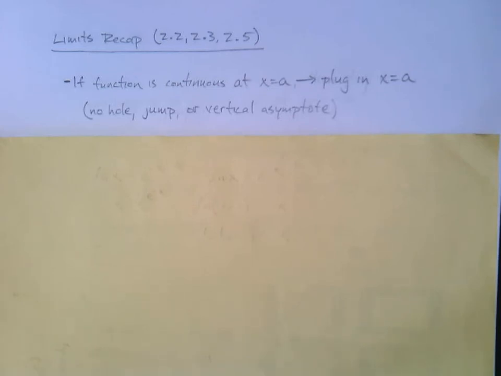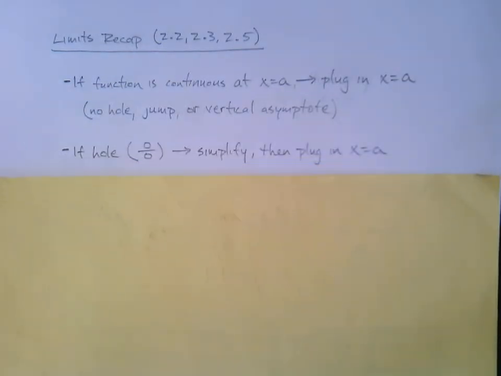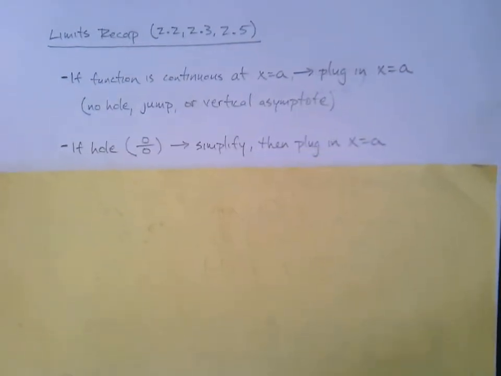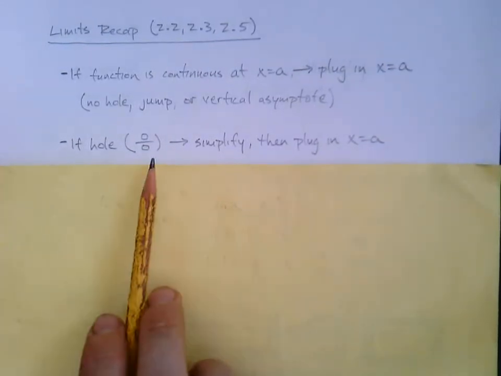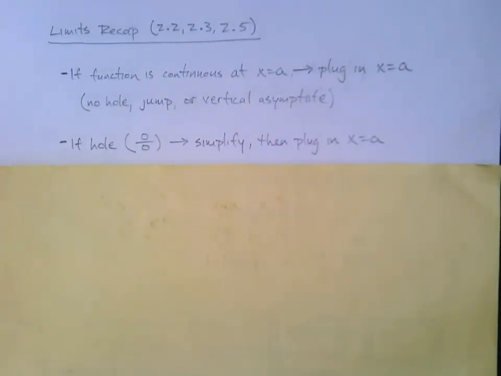But then what happens if there is a hole, if there is a jump, etc.? If there's a hole, we will know there's a hole because when we attempt to plug in, it would give us 0 over 0. If there's a hole, the vast majority of the time, we're able to simplify.